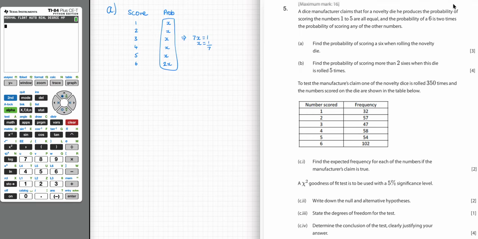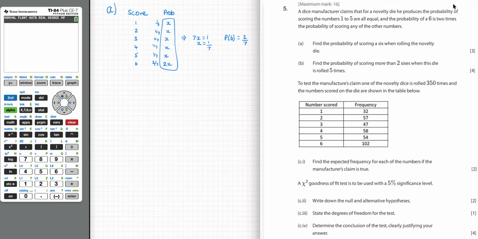So the probability of scoring a 6 on the novelty dice is going to be 2 out of 7, if x is 1/7 and I've got 2 of them. So this is 1/7, 1/7, 1/7, 1/7, and then the last one there, 2/7.